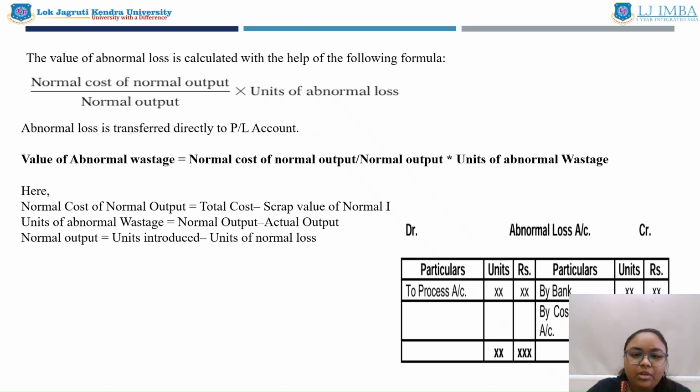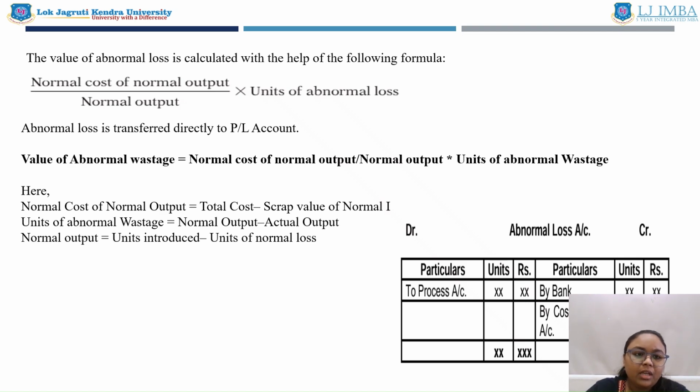This is the formula through which you can get the value of your abnormal loss. Abnormal loss is transferred directly to your P&L account also. Value of abnormal wastage, again a formula for getting the value: normal cost of normal output divided by the normal output, into units of abnormal wastage.